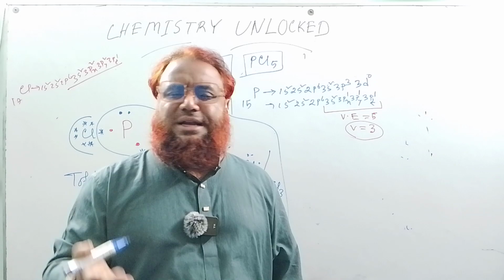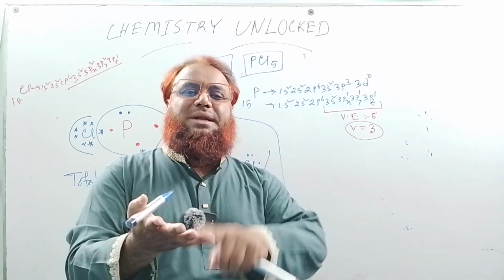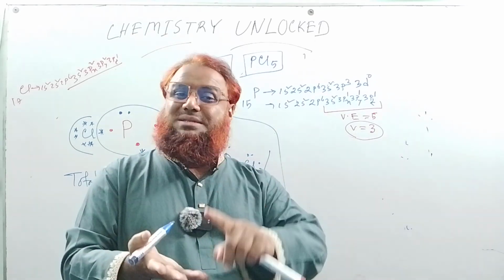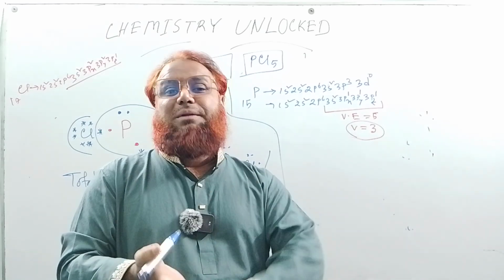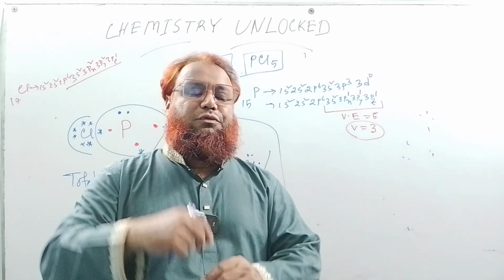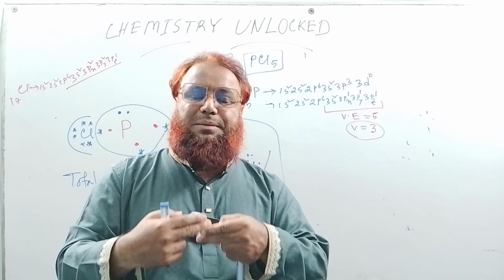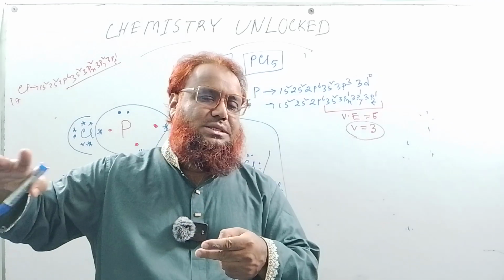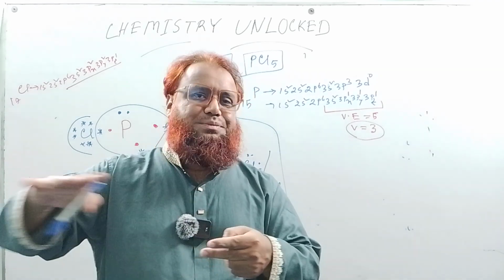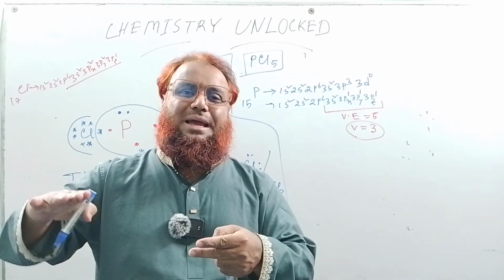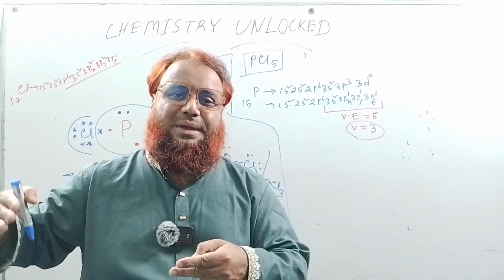So why is 3d present? You know that the s orbital starts from the first orbit, the p orbital starts from the second orbit, and the d orbital starts from the third orbit. So when electrons enter the third orbit, the third orbit has 3 subshells, that is s, p, and d: 3s, 3p, 3d.